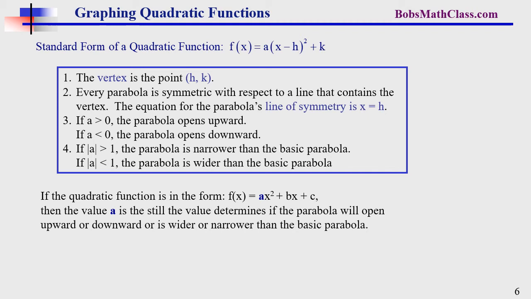So if a is a 2 or a 3, that means your parabola is going to be narrow compared to our basic parabola, which is f of x equals x squared. If the absolute value of a is less than 1, then it's wider than the basic parabola. So if it's 3/4 or -1/2, what that will do is widen the parabola.